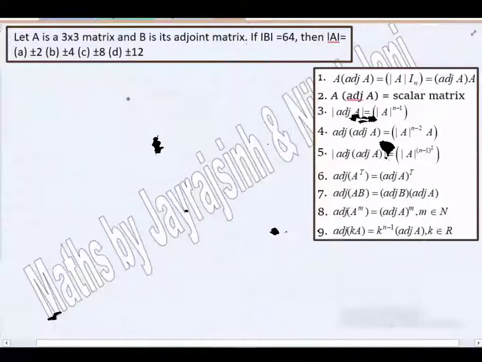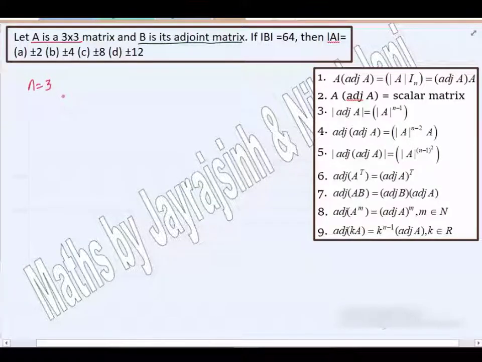Ta-da! In this question, we have matrix A with the order of 3 cross 3 and B is the adjoint of matrix A. So let's write down: the order of A is 3 and adjoint of A is equal to B. Okay, now we have the determinant of B, which is equal to 64. We have to find determinant of A. And for that, we have to take determinant on both the sides.